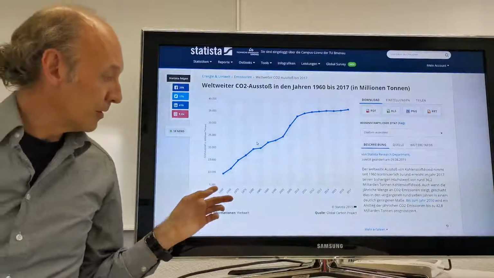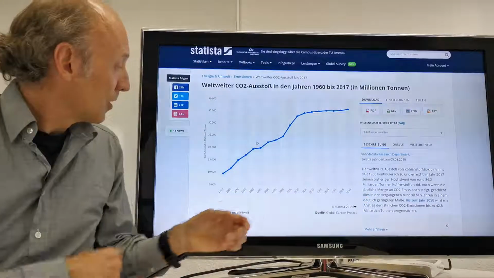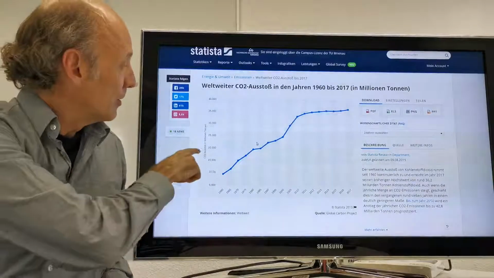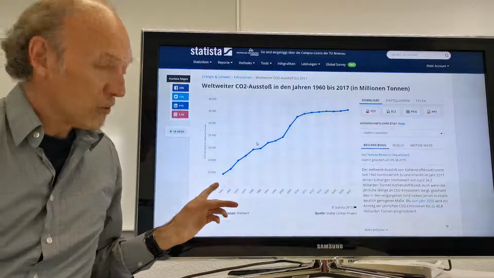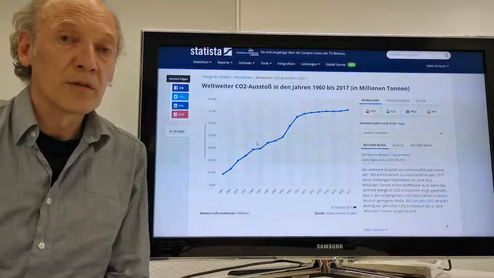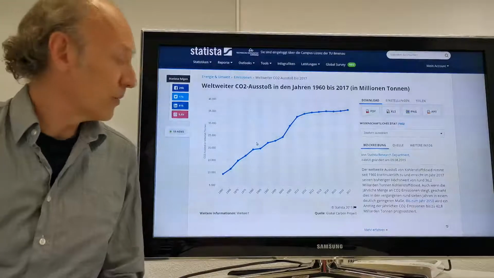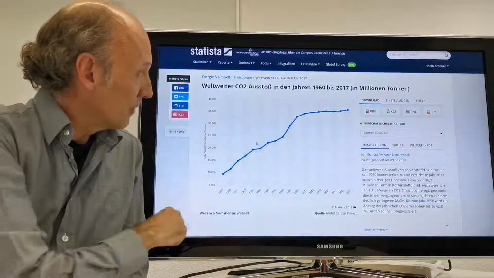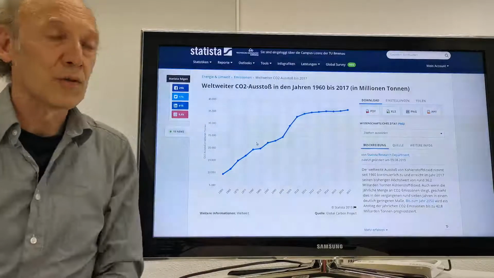So here you can see the year 1960, here we have the year 2017, and here we have the total CO2 emissions in million tons. Right? So here we have 5,000, here we have 10,000 million tons, and 1,000 million is also a billion, and a billion is also abbreviated as giga, so we have 10 gigatons here. So this is 10 gigatons in 1960, and in the present we have over 35 gigatons.